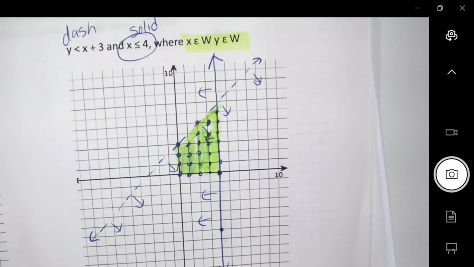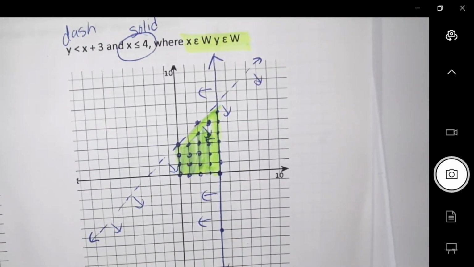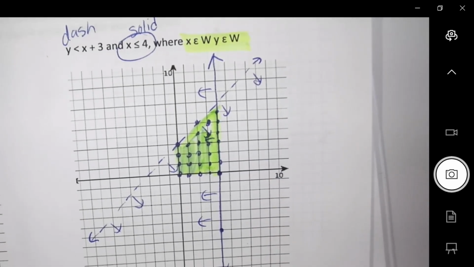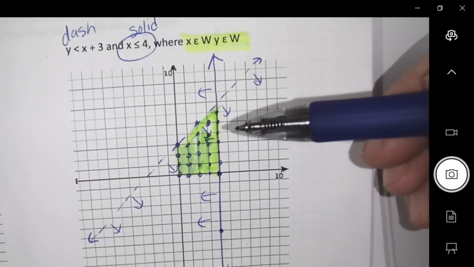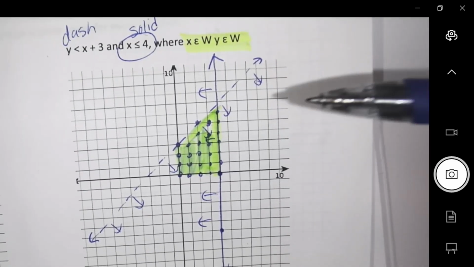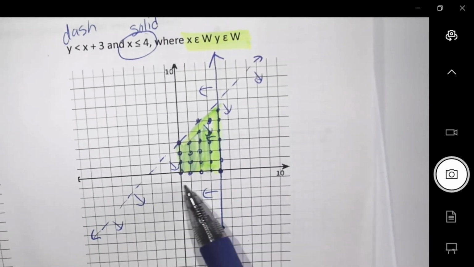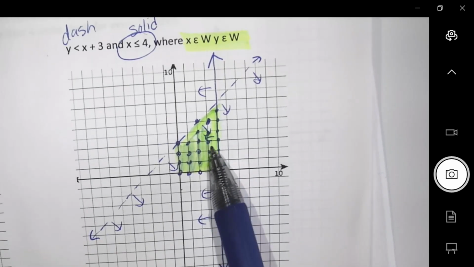So I need to draw, and it's called stippling or something like that, when you draw a bunch of dots to say these are the values that work. So in that zone, but then I had to restrict it to just whole numbers, okay? Otherwise I would have shaded all this like a triangle area.